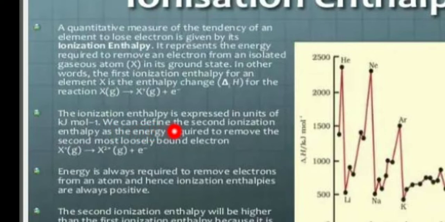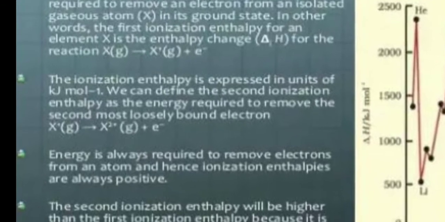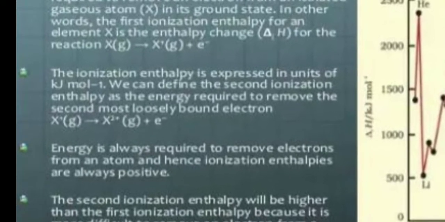We can define the second ionization enthalpy as the energy required to remove the second most loosely bound electron: X plus converts to X 2 plus plus one electron. Energy is always required to remove electrons from an atom, and hence ionization enthalpies are always positive.